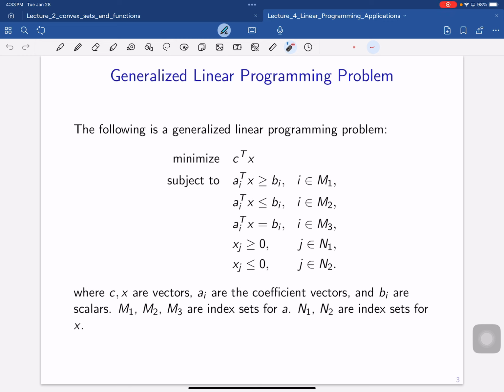We denote the sets of constraints by M1, M2, and M3, where M1 is the set of greater than or equal to constraints, M2 is the set of less than or equal to constraints, and M3 is the set of equality constraints. Okay, and then you also have some non-negative constraints on the variables, and some of the variables may be less than or equal to 0. Okay, so that's the most general problem you could consider.